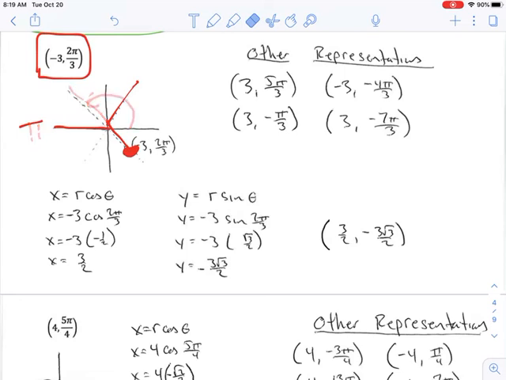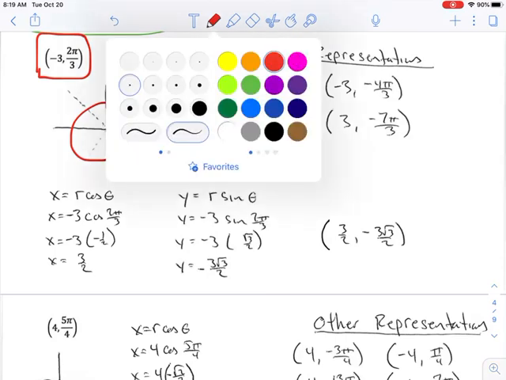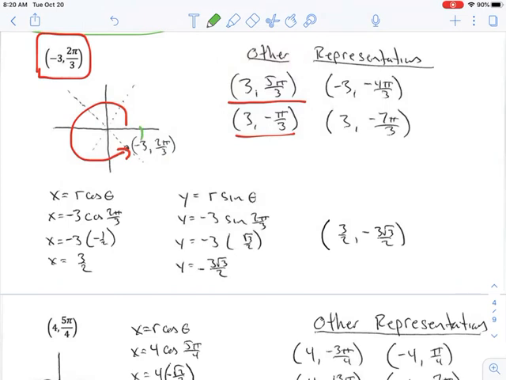All right, so that's one way of representing that point. Let's look at some other ways of representing that point. We could represent it with a positive radius of 3 and 5 pi over 3. So 5 pi over 3 is going to be all the way around to here. 3 and negative pi over 3 is simply going to be going in a negative direction, with a positive radius of 3 in both cases.